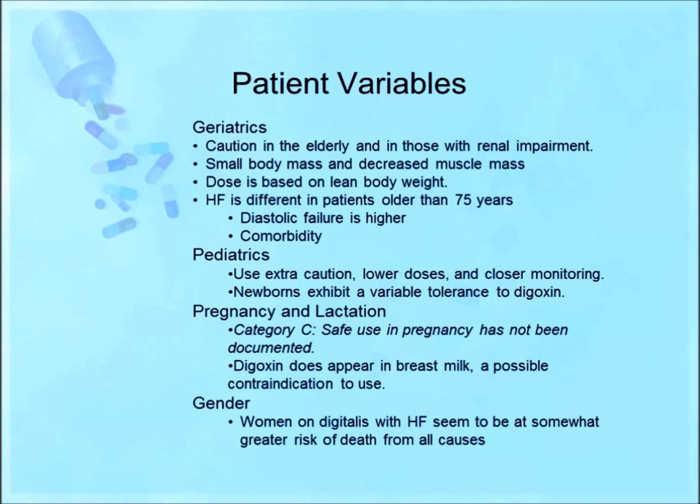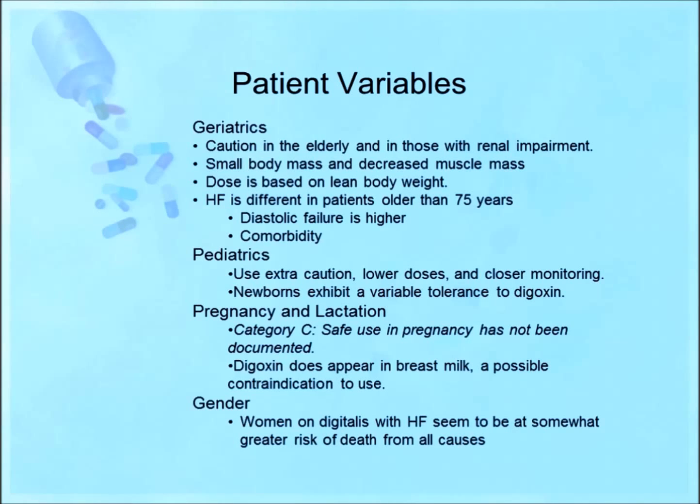Patient variables. For geriatric patients, you need to use caution in the elderly, especially those with renal impairment. Small body mass and decreased muscle mass require reduced dosage because of the wide distribution of digoxin in the tissue. Dose is based on lean body weight. Heart failure is different in patients older than 75 years.